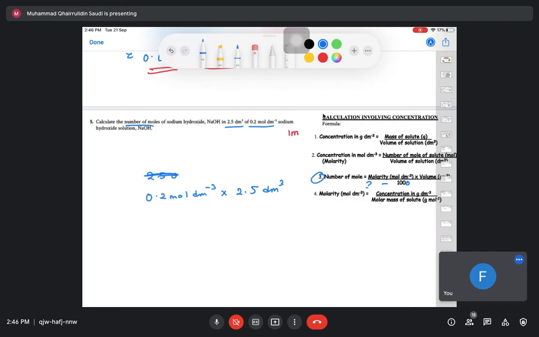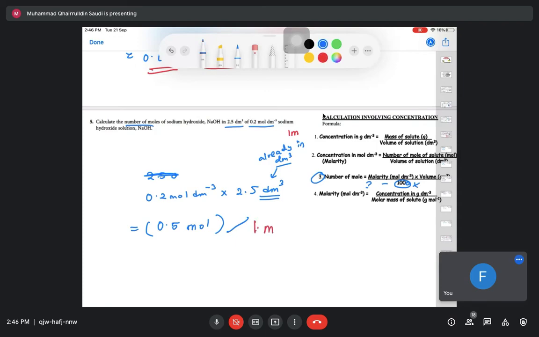No, because the unit for volume is already in decimeter cube, so you don't have to divide it by 1000. Terus press calculator and your answer will be 0.5. Apa unit dia? What is the unit for this question? Yes, good job. 0.5 mole, 1 mark. Without unit, no mark. Okay?